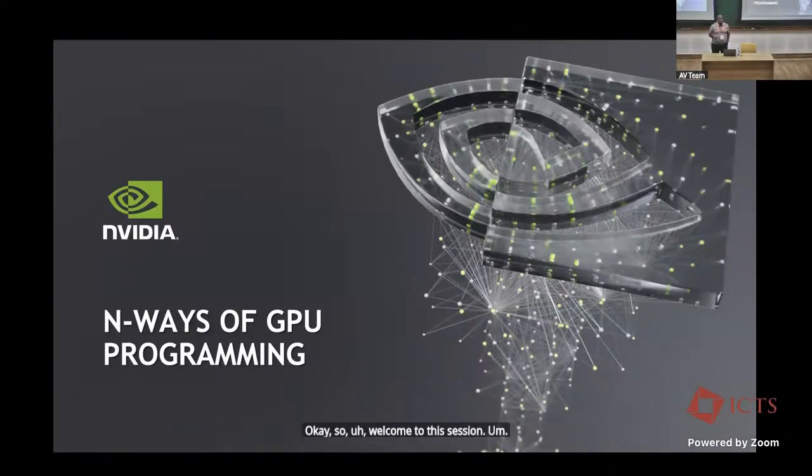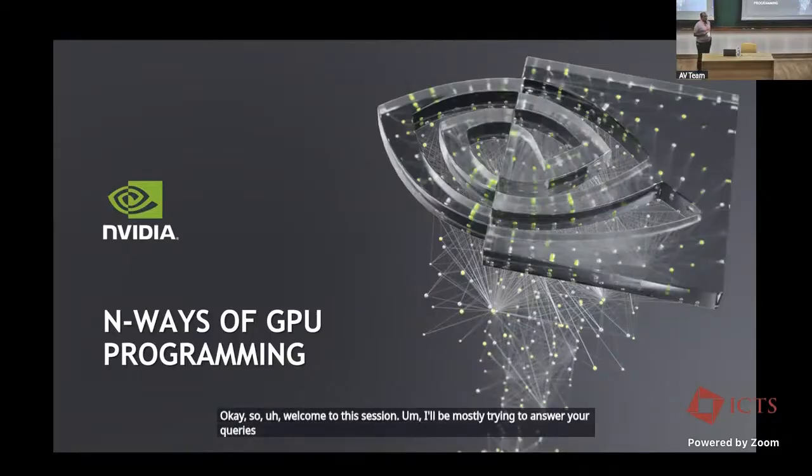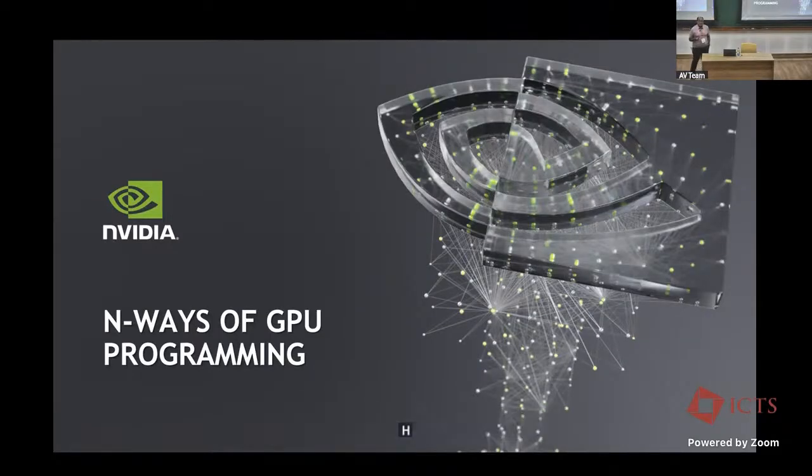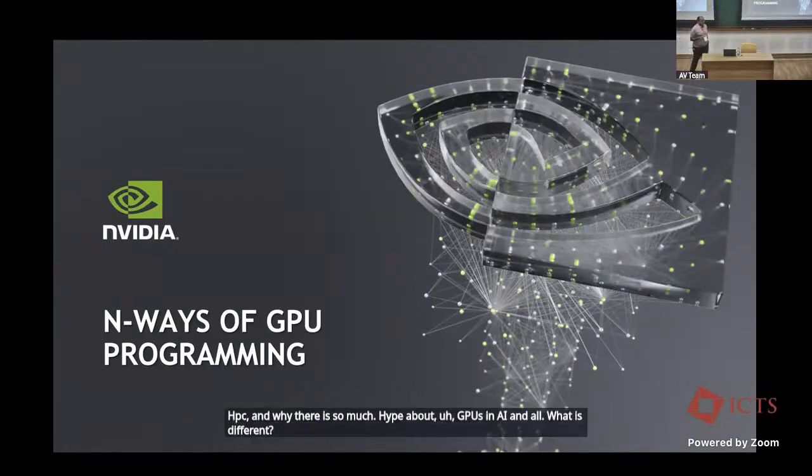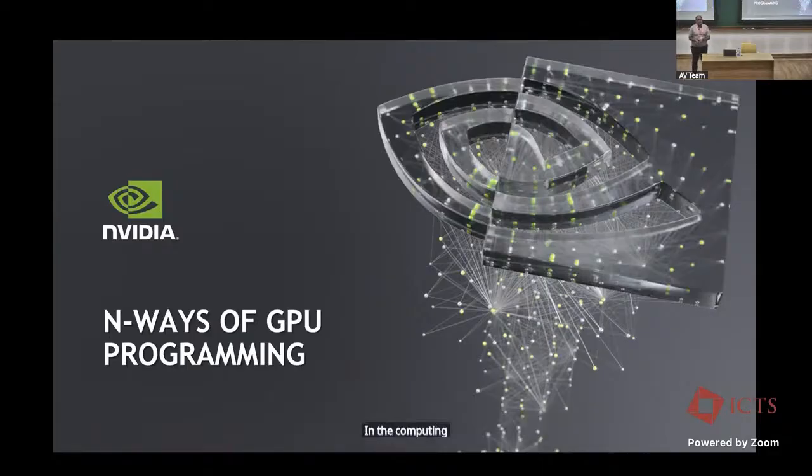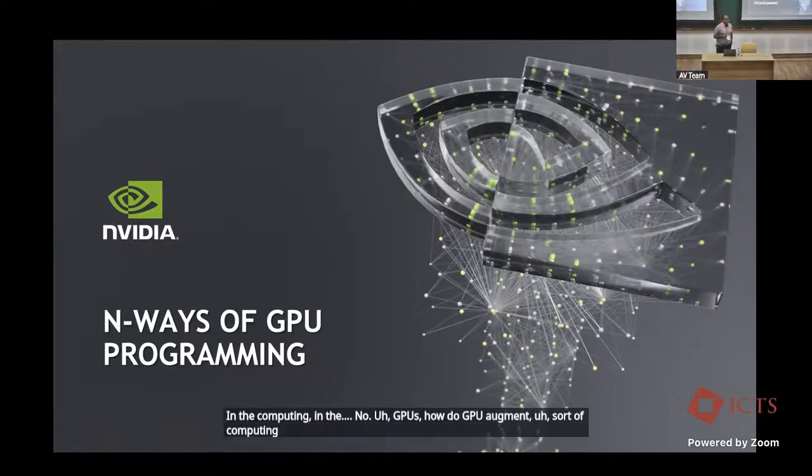I'll be mostly trying to answer your queries: how HPC, and why there is so much hype about GPUs in AI and all. What is different in the computing in the GPUs? How do GPUs augment computing, and in what ways can you program the GPUs?